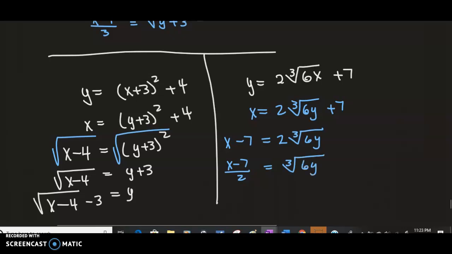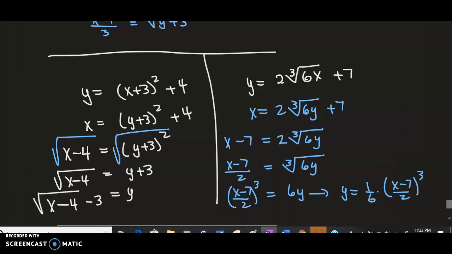So now we cube both sides, so we get x minus 7 over 2, cubed, equals 6y. Oh, it's cubed. And then got to divide by 6. So we get y equals 1/6 times x minus 7 over 2, cubed.